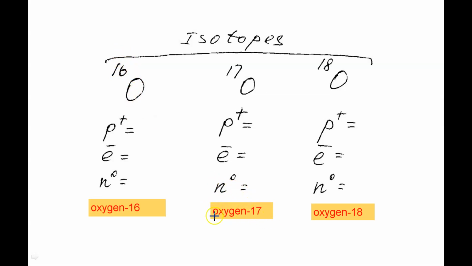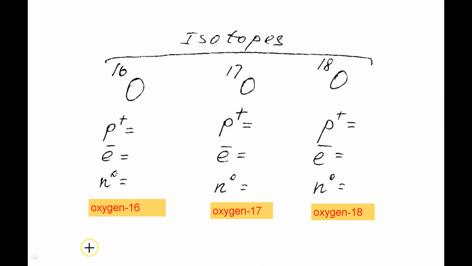So this is oxygen 17. We also know it's oxygen 17 because I have 17 as a superscript, and I know that the mass of this isotope is 17. And I have also oxygen 18. I do know it's oxygen 18 because of this 18 as a superscript, and I know that the mass of this isotope is 18.